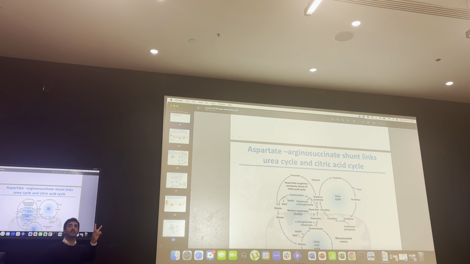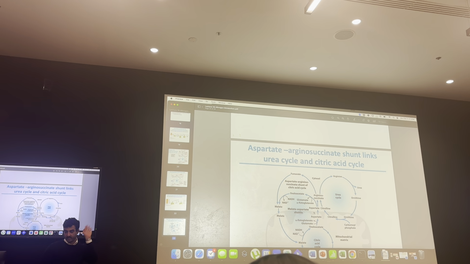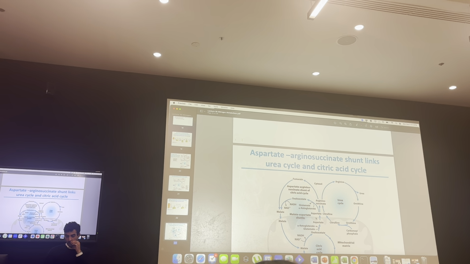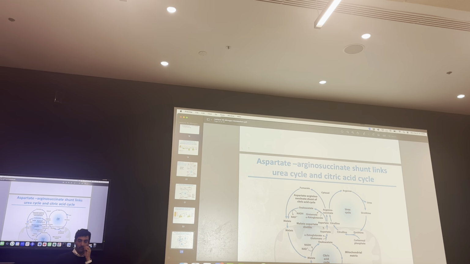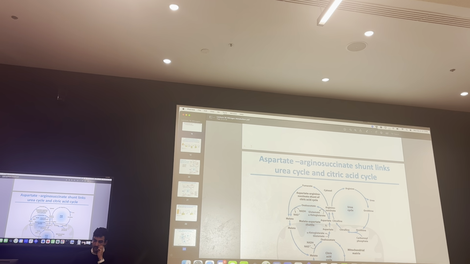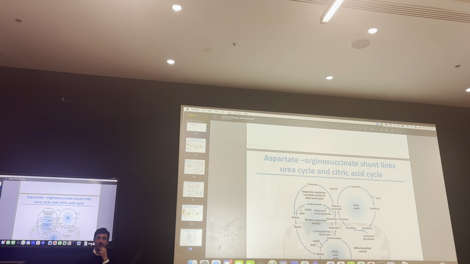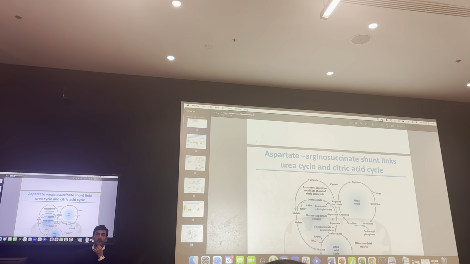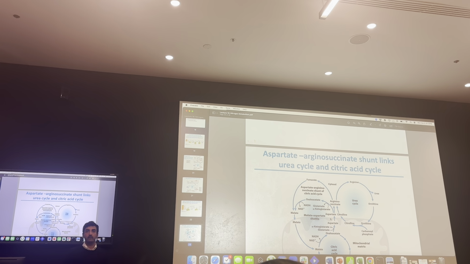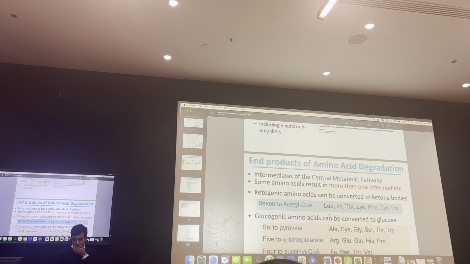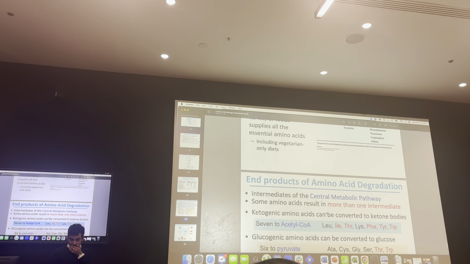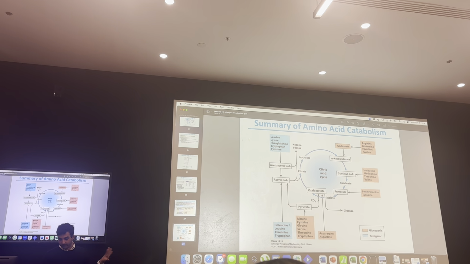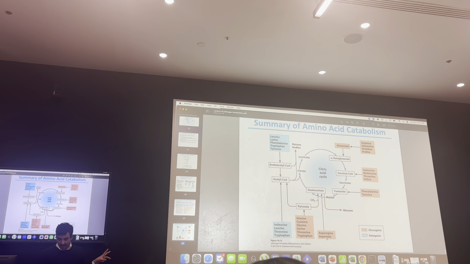No, it's saying that there's two different fates for the aspartate. Either it goes into the argininosuccinate pathway, or alternatively it goes into the oxaloacetate. So some goes this way, some goes this way. Okay. And we'll have a more detailed slide on it. Okay, so we don't need to talk about all the different pathways for amino acid oxidation.